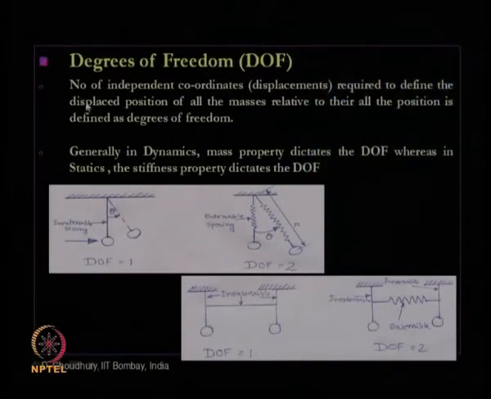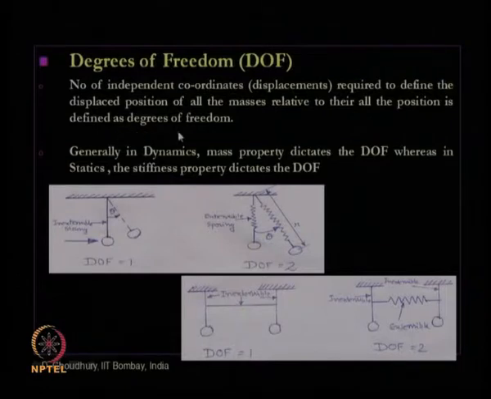Then we learned what is known as degrees of freedom. It is nothing but the number of independent coordinates required to define the displaced position of all the masses relative to their original position.